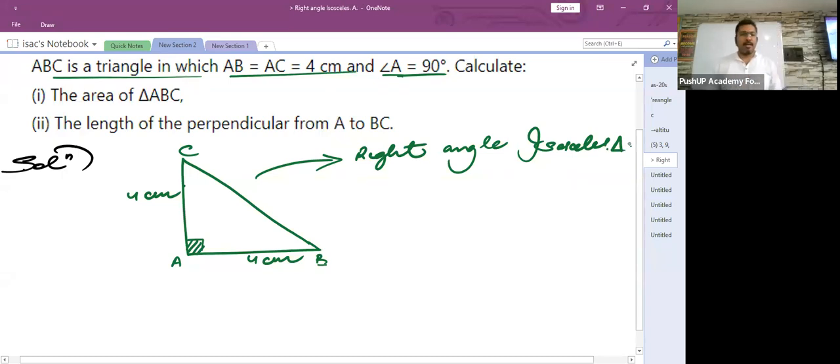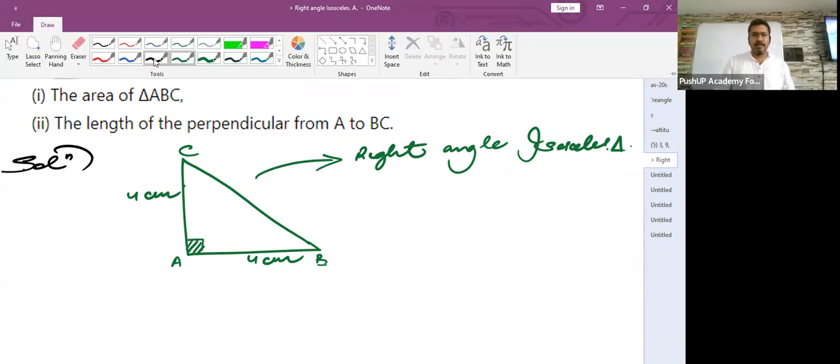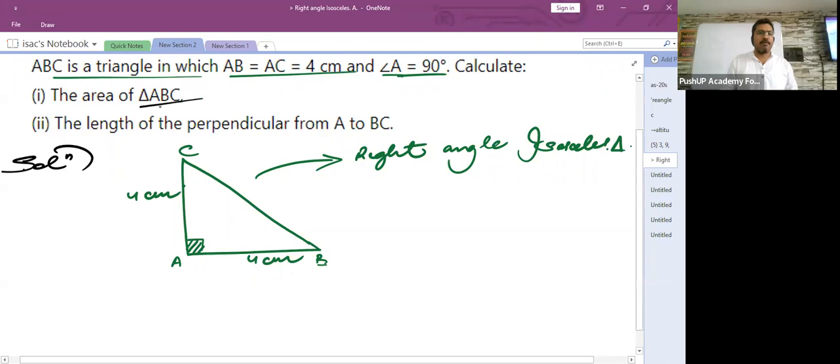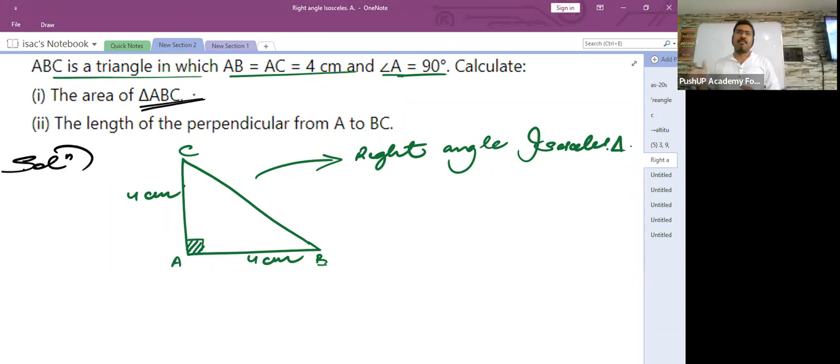Okay. Now, they are asking you to find the area of this triangle ABC. Now pay attention on the board. I have already drawn that right angle triangle CAB. You call it CAB or ABC or BAC, there is no change in its meaning. It's the same thing.